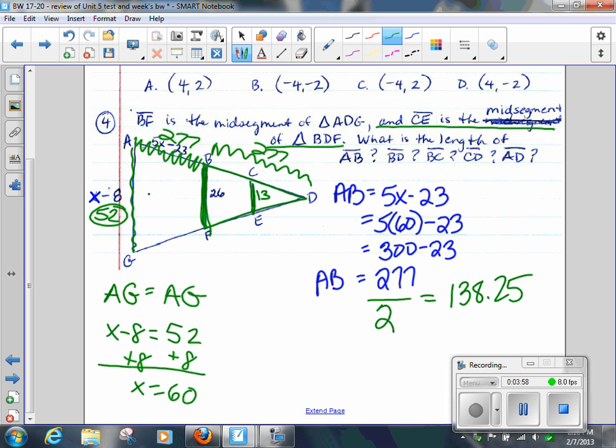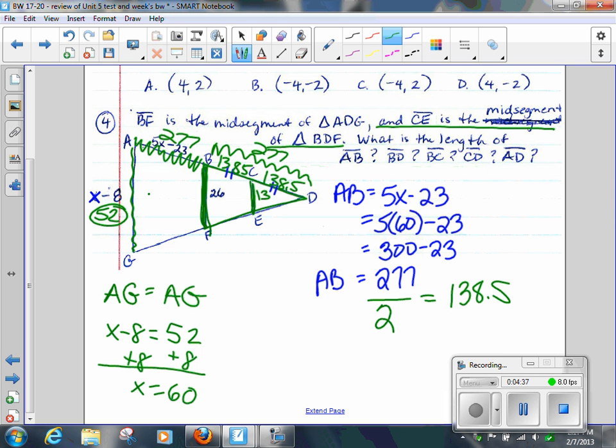And that's going to be the length of what? BC and CD. So now we've got these two congruent because CE is the midsegment of that little triangle. So did y'all say it was 138.25? 0.5, okay. I didn't think that was right. So this is 138.5, this is 138.5. AB, I found it. BD, found it. BC, yes. CD, yes. Oh, what's AD?